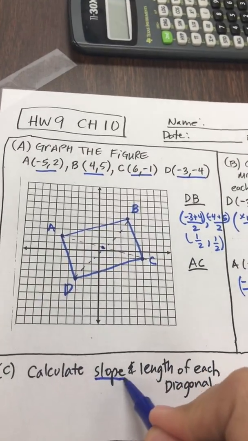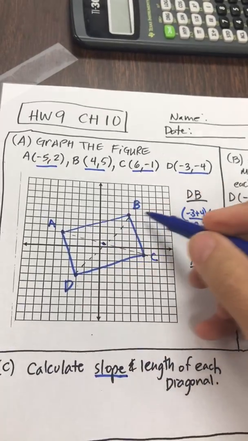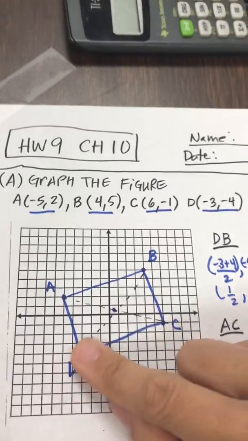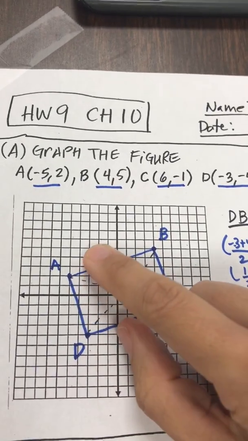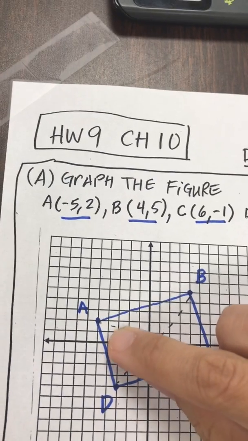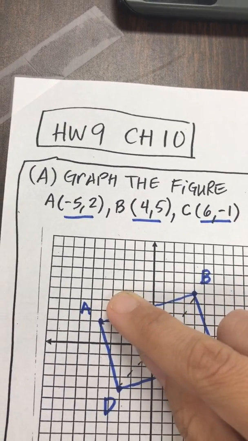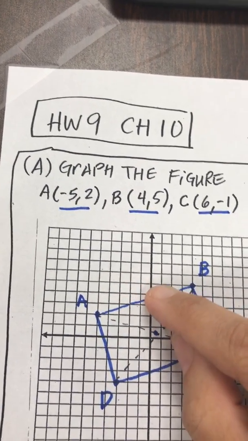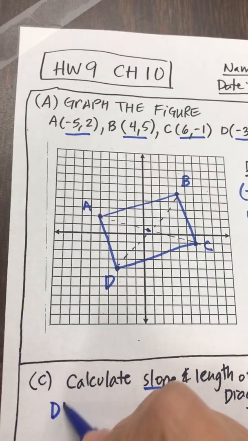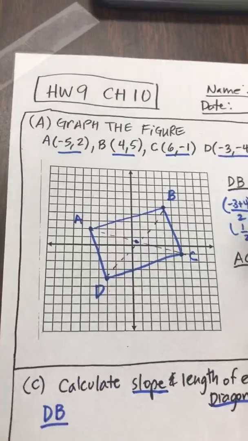So again, slope would be rise over run. So slope of this line would be rise, run. 1, 2, 3, 4, 5, 6, 7, 8, 9. 1, 2, 3, 4, 5, 6, 7. So I think the slope of DB, one of the diagonals, right?